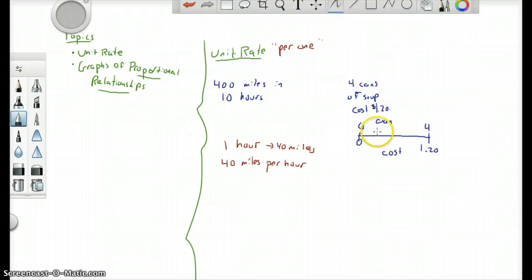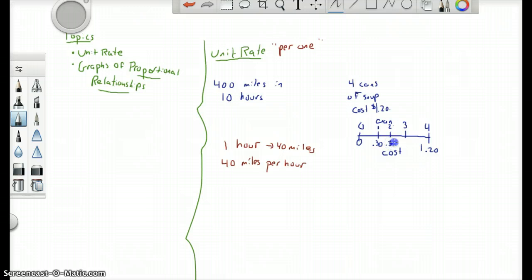So if we were to break this into 4 equal pieces, 1 can, now those aren't very equal pieces, 1 can, 2 cans, 3 cans, okay? Well, then each of these, if these are each 1 can, then each of these has to have the same cost, okay? So you can pretty quickly see that each of these is going to be 30 cents, right?